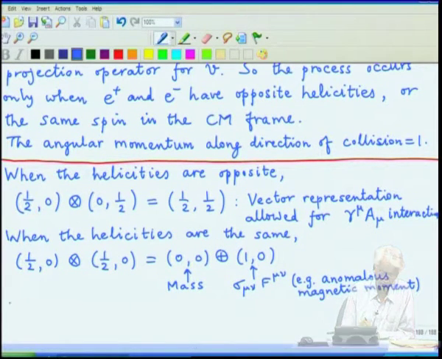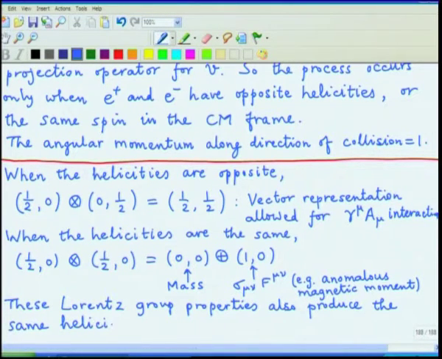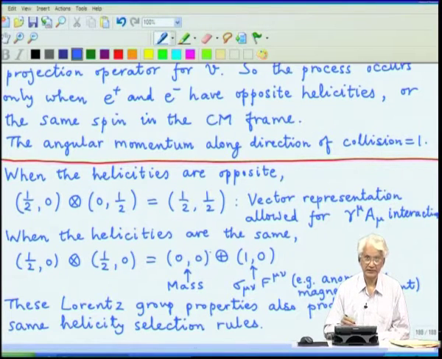So, this will produce the same selection rules, and we will see these features explicitly in the computation of individual terms.